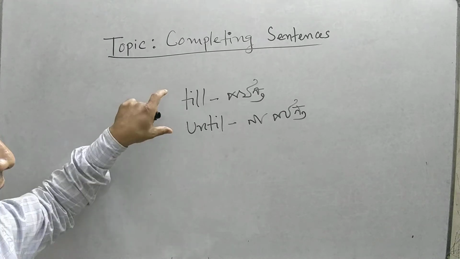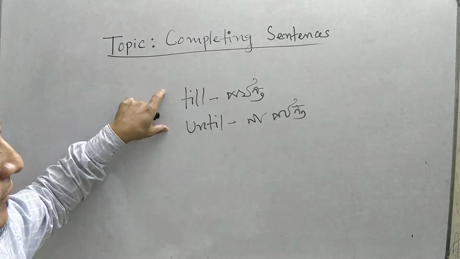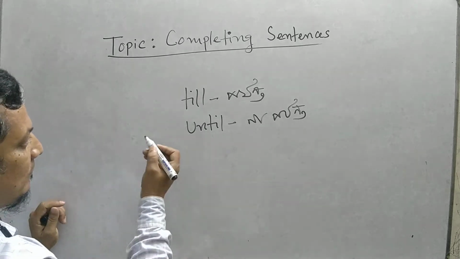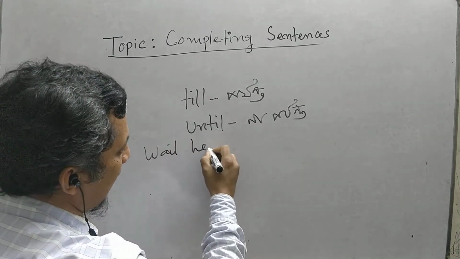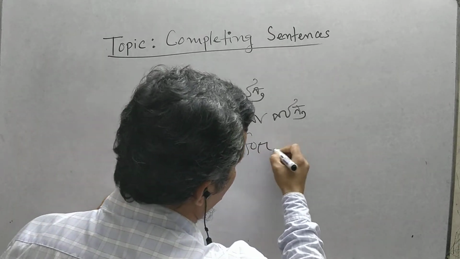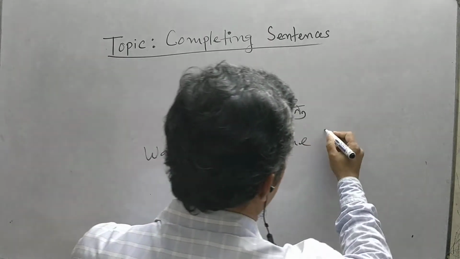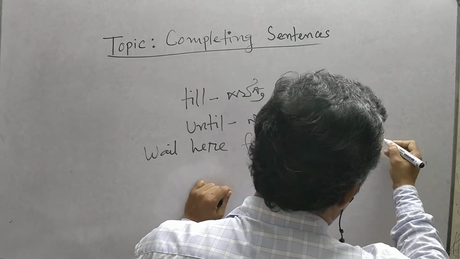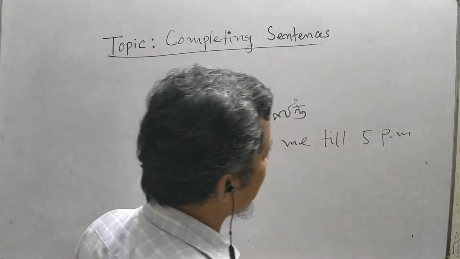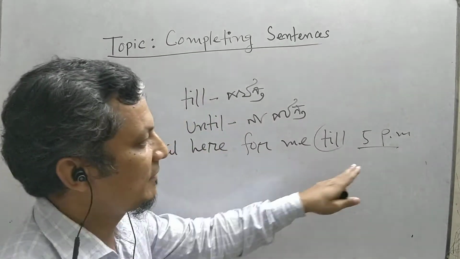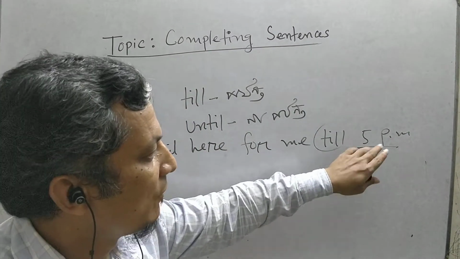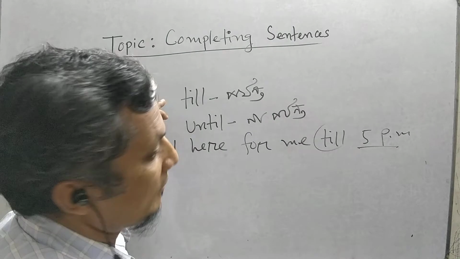Now, I will give two examples of them. Suppose one is: wait here for me till 5 p.m. Here till is used. 5 p.m. is a definite time. For a definite time, we have to use till.